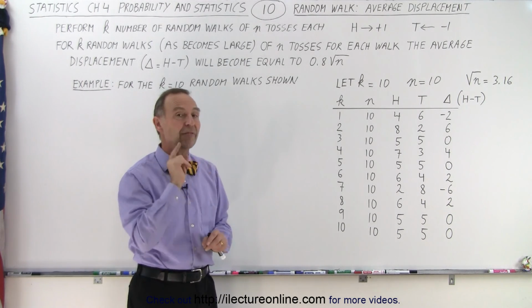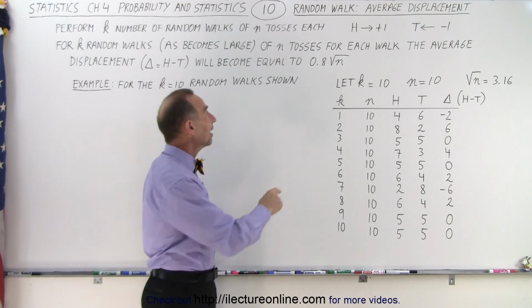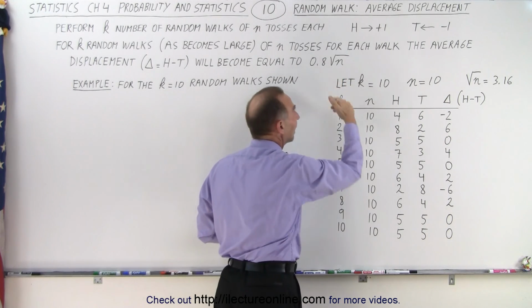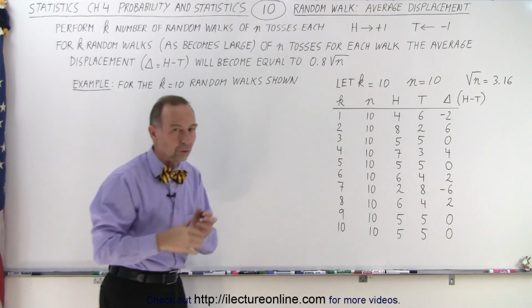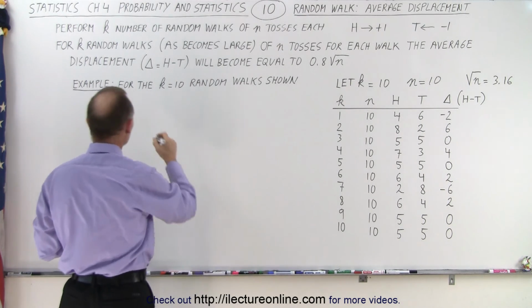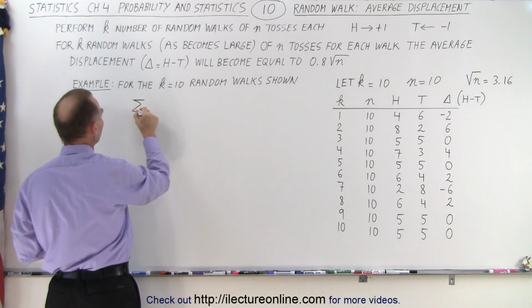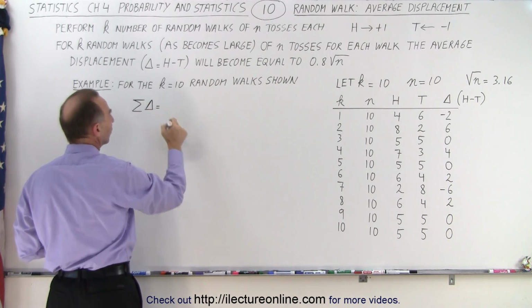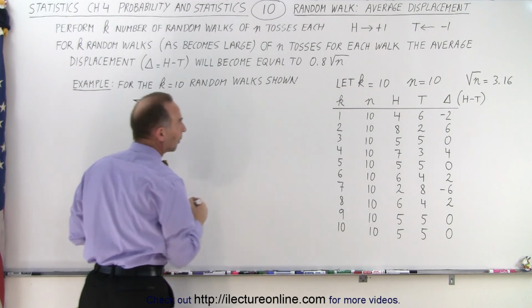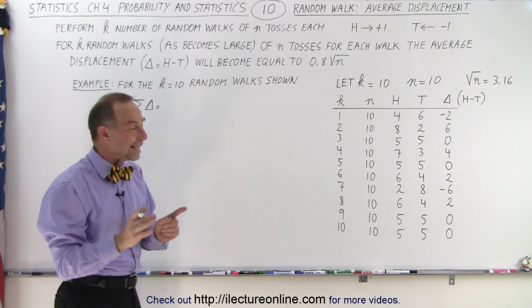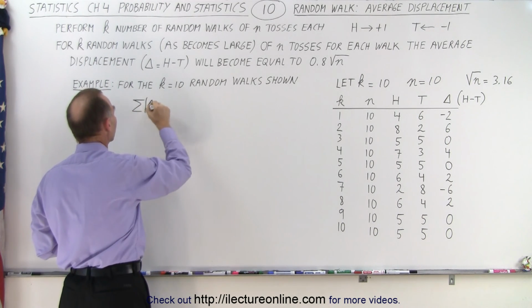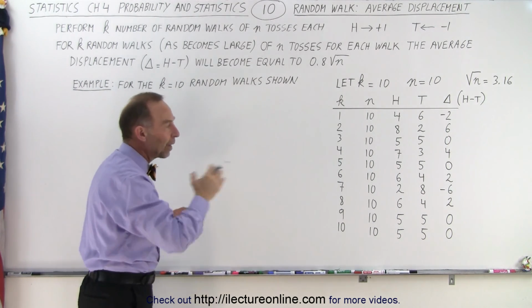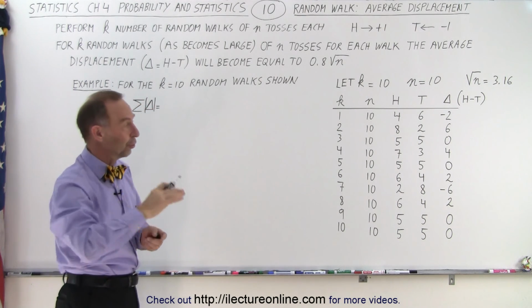But let's see what the average will be, and then let's take 0.8 of the square root of n and see what that equals and see how close the two numbers will become. So first we're going to sum up all the deltas. Of course we want to take the absolute value of all the deltas because we want to see how far away we are, and it doesn't matter if we went to the left or to the right.